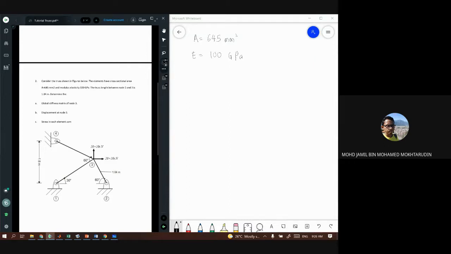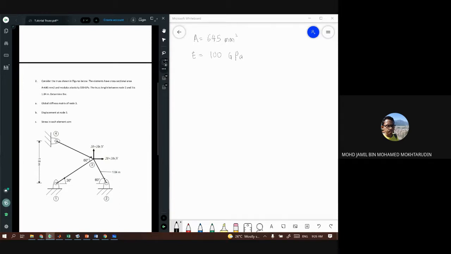Okay, so let's determine the stiffness for each element first. Let's name the elements. In this question, the figure only gives you the node numbers 1, 2, 3, and 4, but no element numbers.